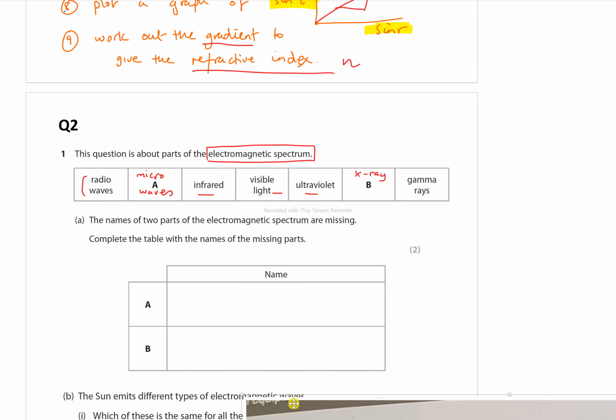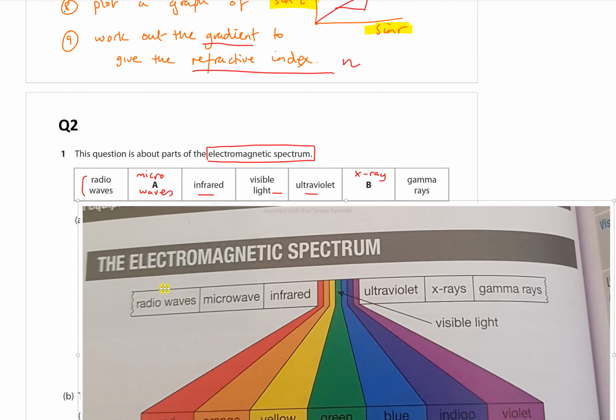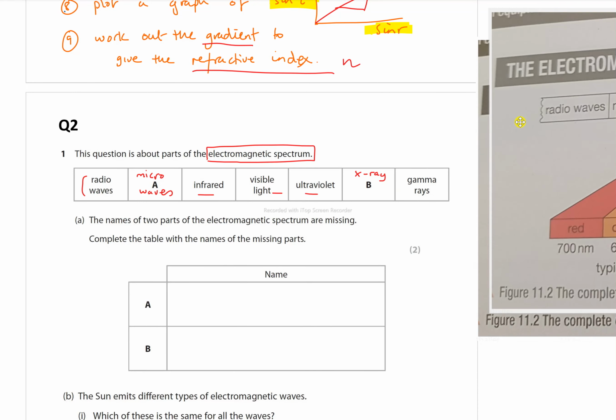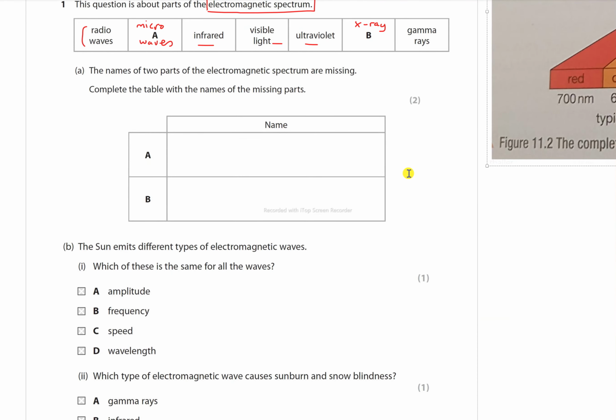Let's make it smaller. Let us put it here. Yeah, radio, micro, infrared, visible light is here, ultraviolet, X-rays, and gamma rays. Okay, that's good. Right, the two parts, so it's micro and X-rays.